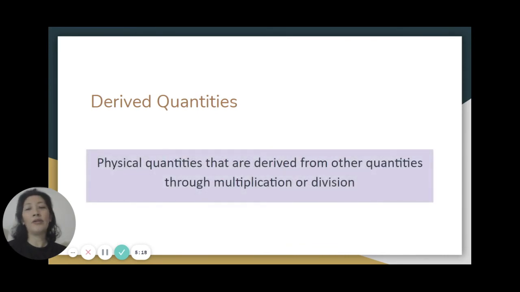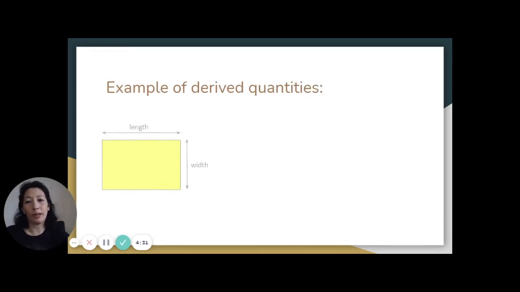Now, to make it easier for you to understand what we mean when we say derived, and derived in this case is through multiplication or division, let's go through a couple of examples of derived quantities and how they are formed from other quantities. The first example would be something that you're already familiar with. Now, let's say you would like to calculate the area of this rectangle. As you already know, area of a rectangle is calculated as length times width. However, you've got to remember that width is actually a type of length.